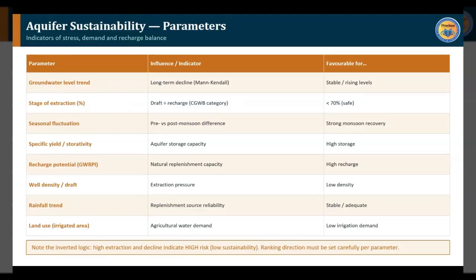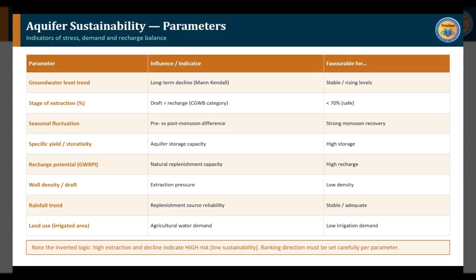If we prepare such maps for a longer extended period, we will be able to identify those areas that are consistently declining. A persistent decline is a clear warning sign, so we will give it the highest rank.